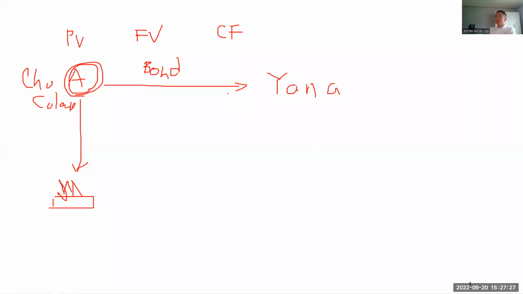The condition of this bond is that if Yana gives this company $100, then this company will pay her interest of $10 every year.